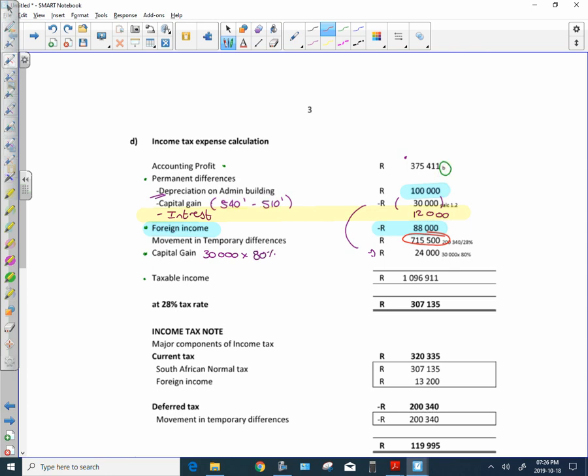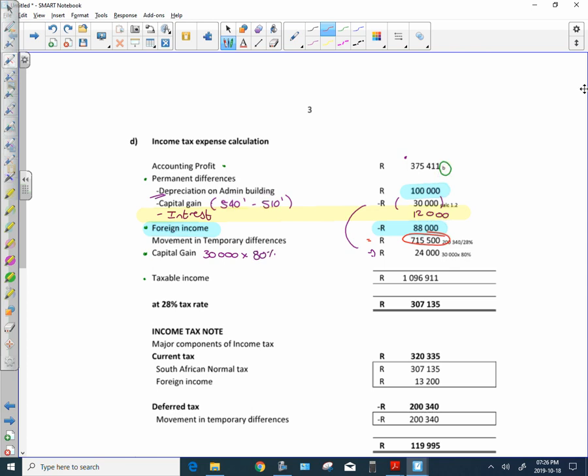I went from a liability to an asset, so I moved in a general asset direction. That means that was a deductible temporary difference. But when is that temporary difference deductible? This year or in future years? In future years, agreed? So in the current year, that would be taxable. And that's why I added here.